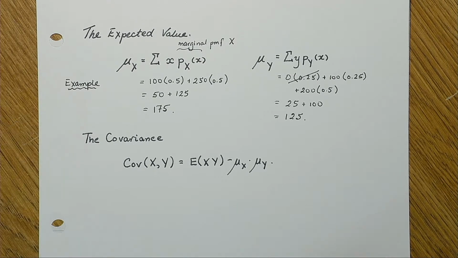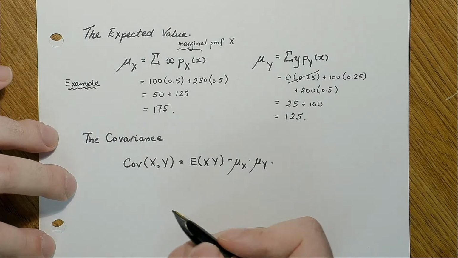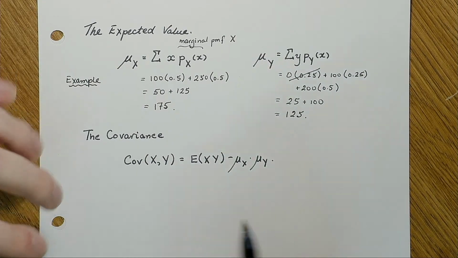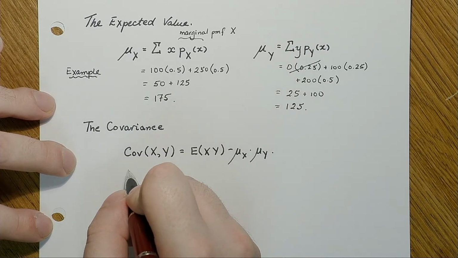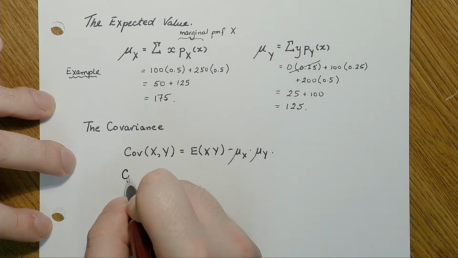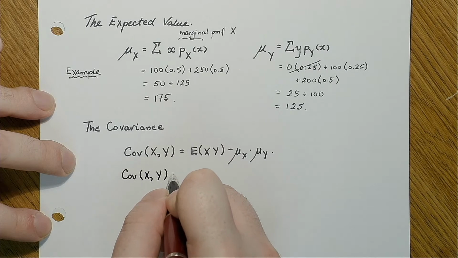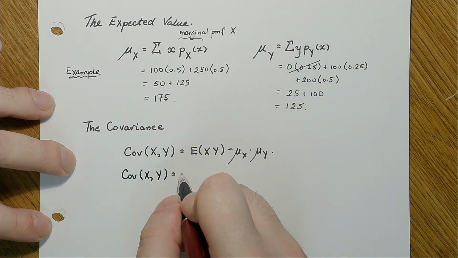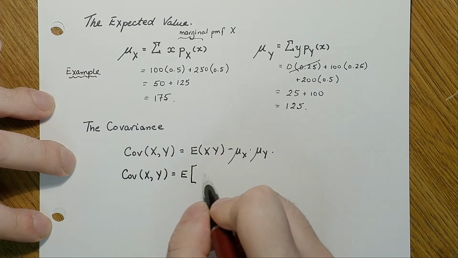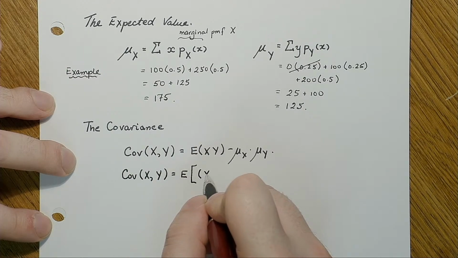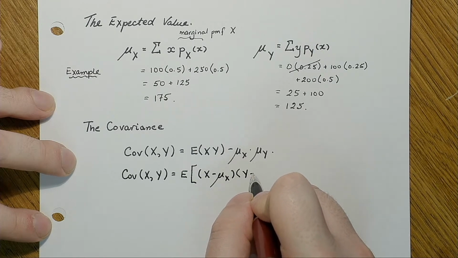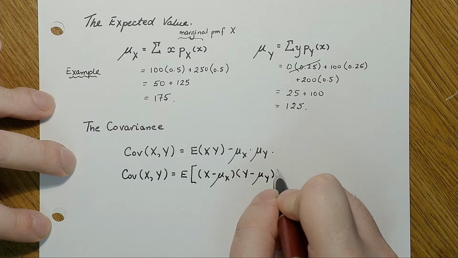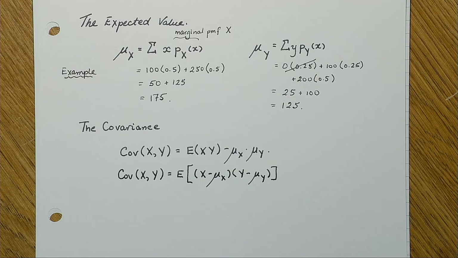And there's another formula that we can use as well, which is equal to the expected value of x minus mu x times y minus mu y.